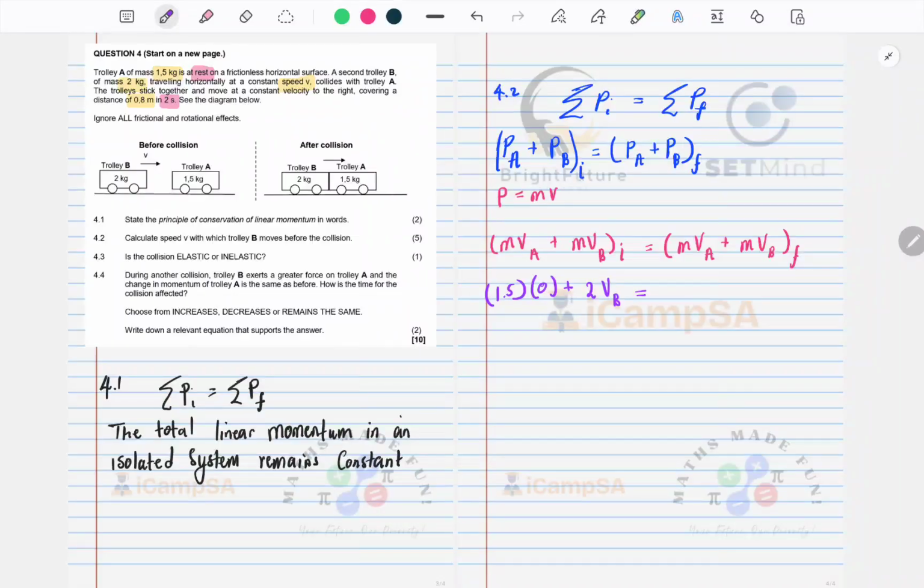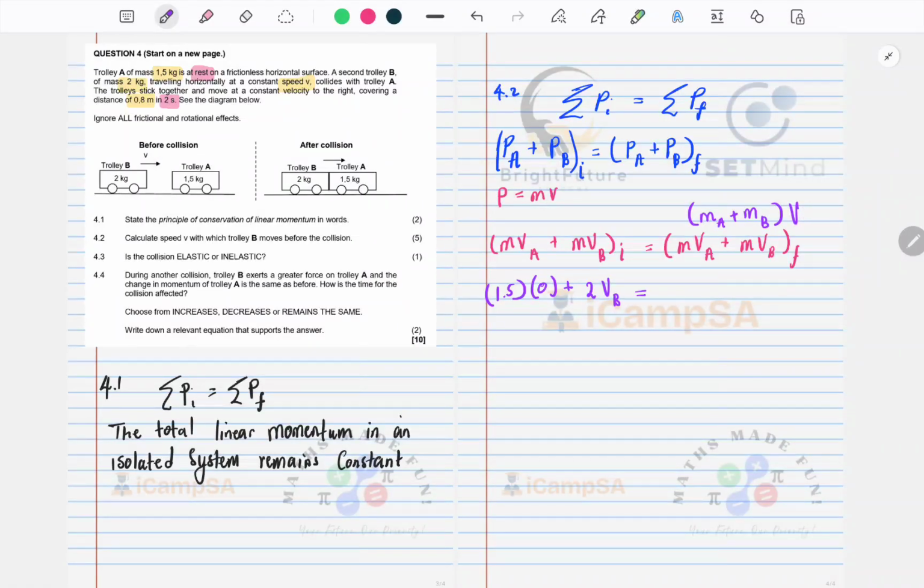Then we can move, then we have m v. But now what we should note is that these two trolleys are now one thing, right? So that means we're going to have one velocity. We're not going to have vA and vB. So if we update this, we're going to have m A, m B all times v, right?